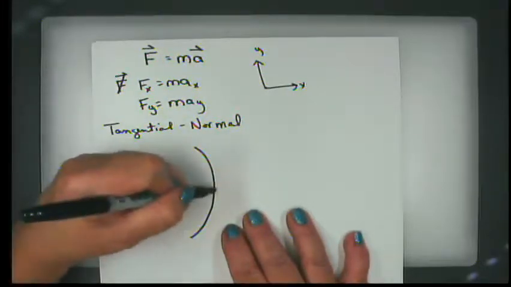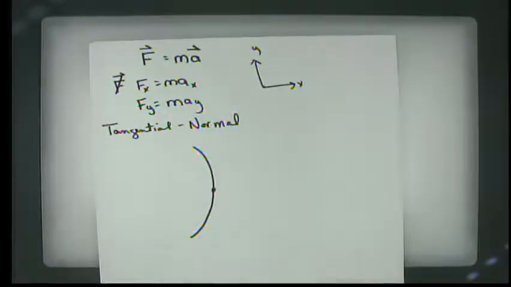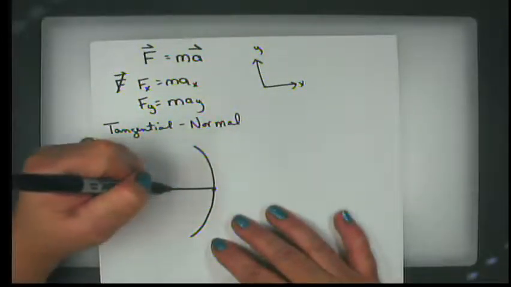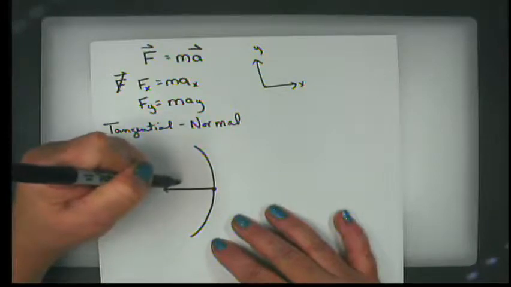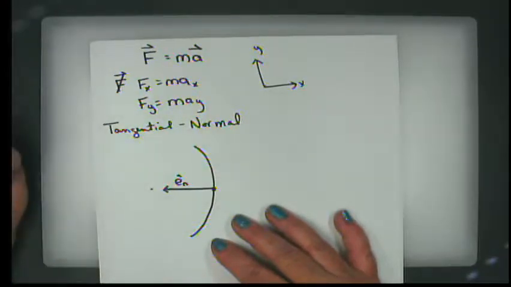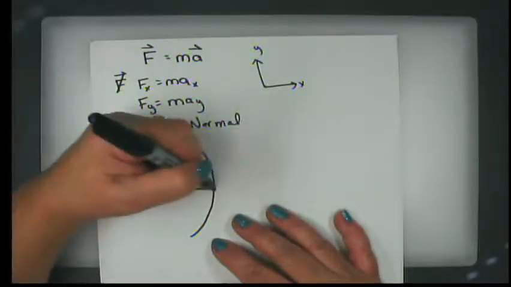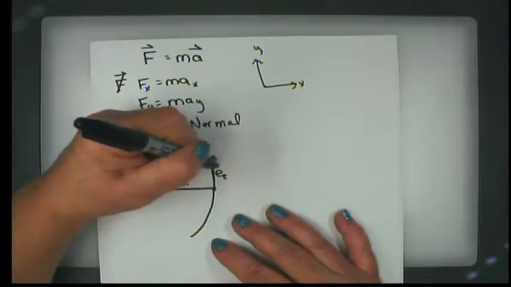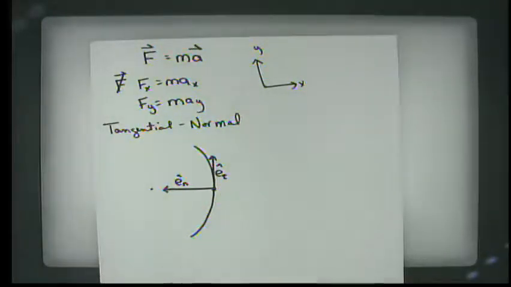And whether or not that curve has a fixed radius, maybe yes, maybe no. But our components are the normal component, which we call E sub n, which is directed toward the center of curvature, and then E sub t, which is directed along the path of motion.